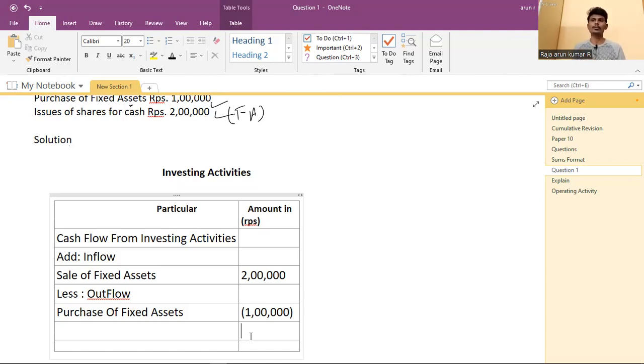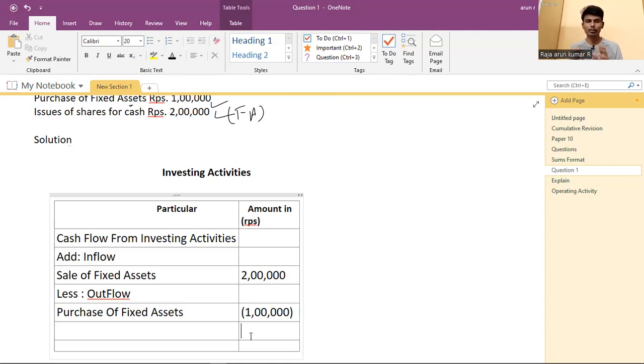If you receive any cash, like issue of shares received in cash, or sale of a fixed asset, that is an inflow of cash. It is simple in both investing activity and financing activity.